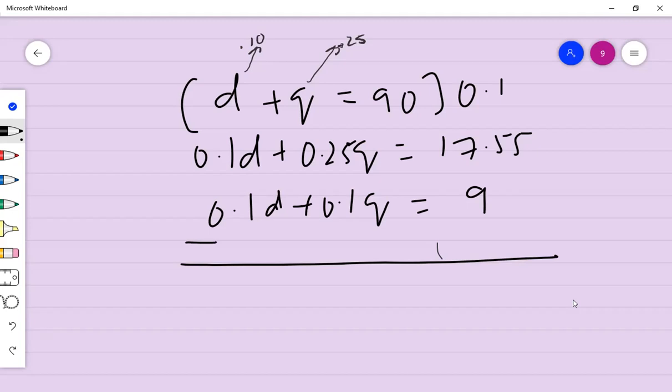Then we subtract the equations. If we subtract the equation, the sign gets changed. So this will get cancelled.